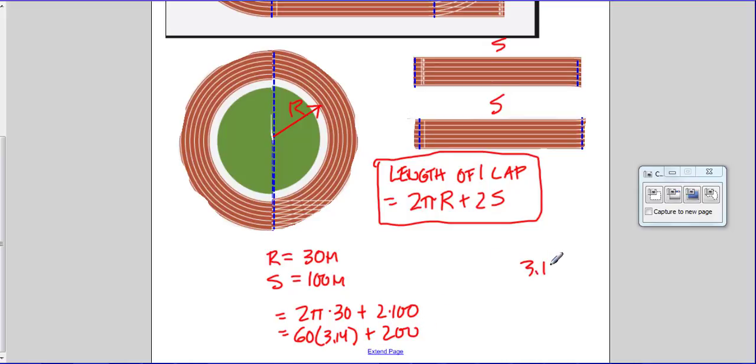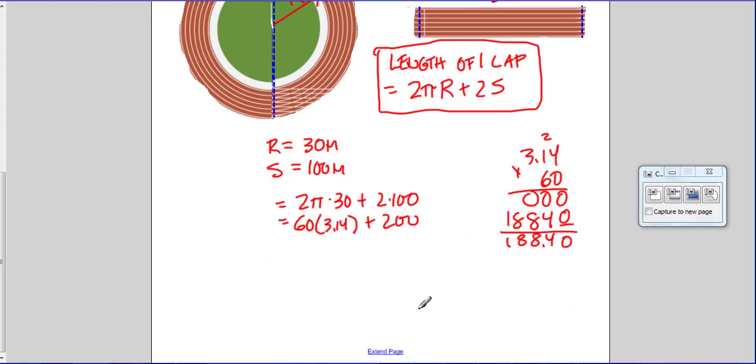And 3.14 times 60, first row is all zeros, and placeholder 0. Let's do the math. 4 times 6 is 24, carry a 2. 1 times 6 is 6, plus 2 is 8. 3 times 6 is 18. So we get 188.40, or 188.4, plus 200.